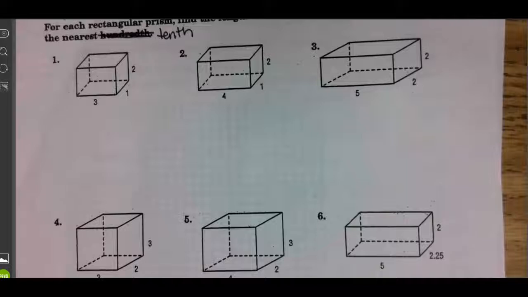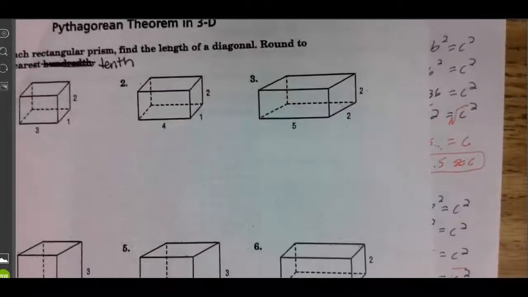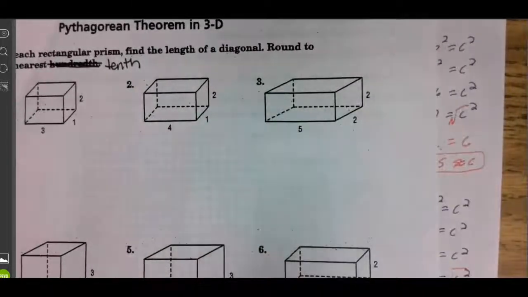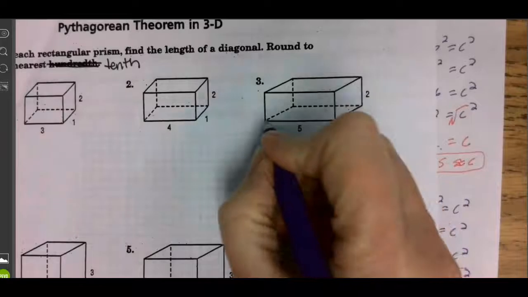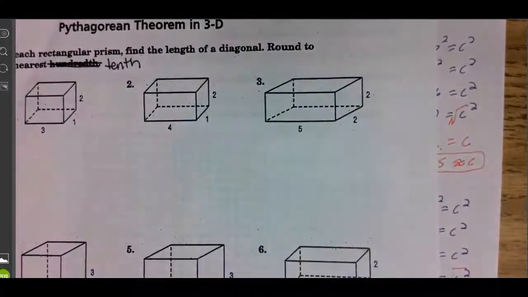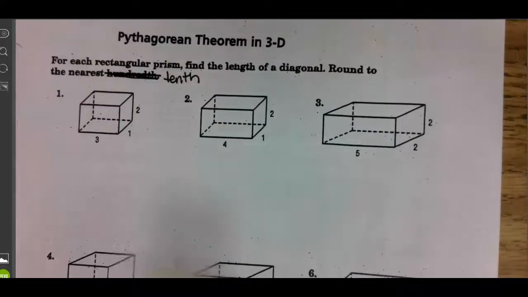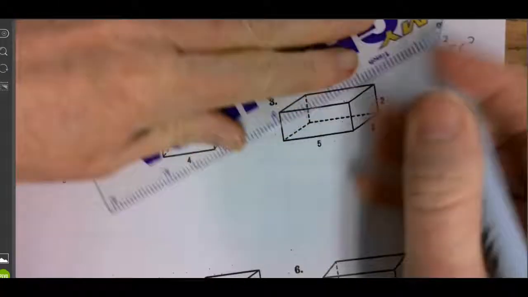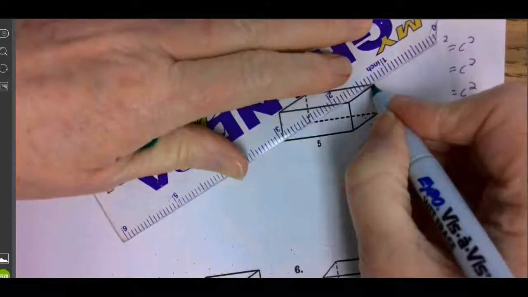I want to show you on this, though. Let's do one. I'm going to look at number 3, because it gives you this information. What they're asking you to find, what you need to realize, is that you need to draw this in. From here down to here is what you're going to eventually find.